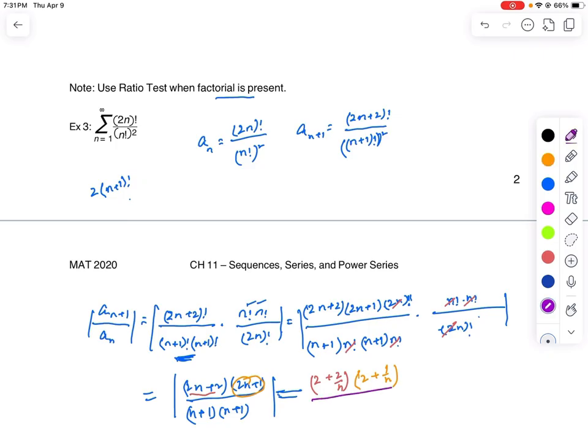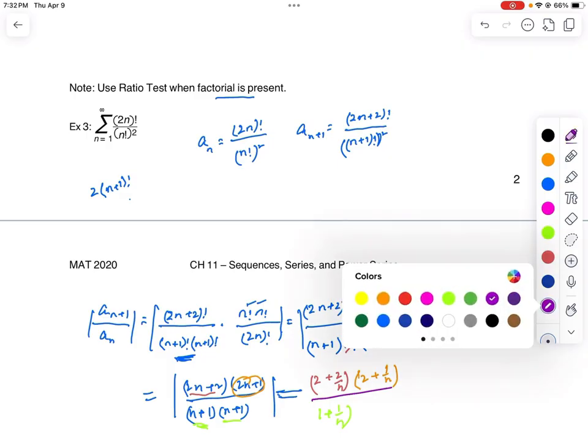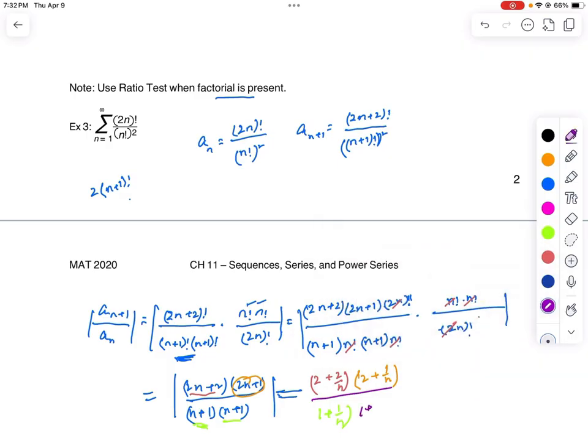And when I divide this one by n, I get 1 plus 1 over n. And the last one, when I divide by n, I get 1 plus 1 over n. And this goes to 2 times 2 over 1 times 1, equal to 4 as n goes to infinity.